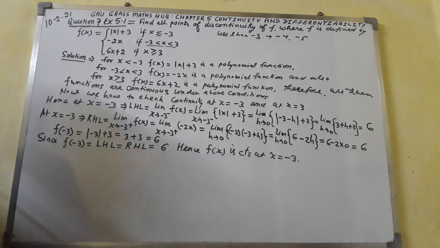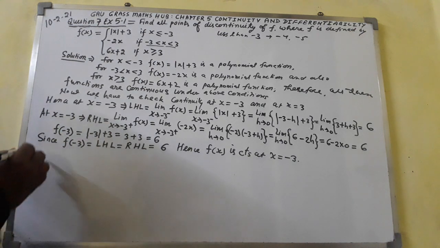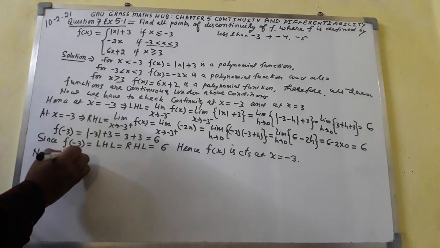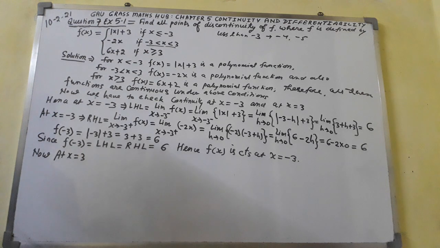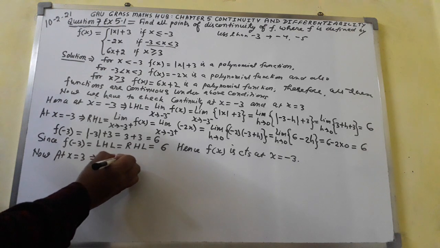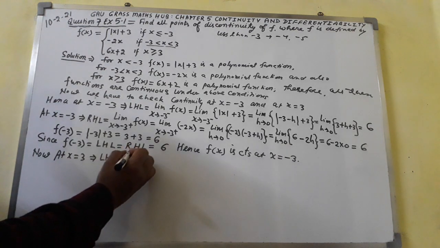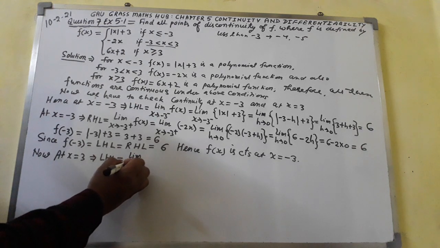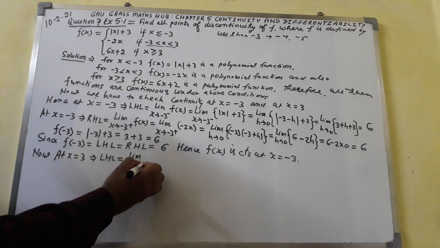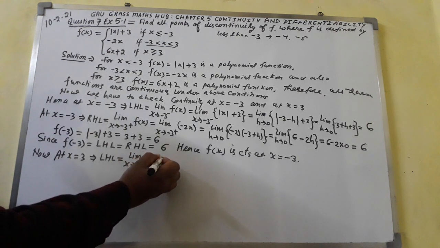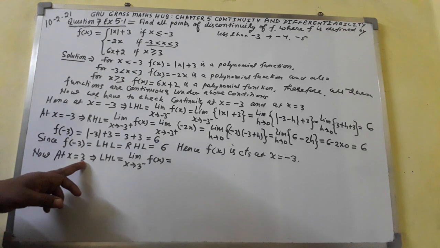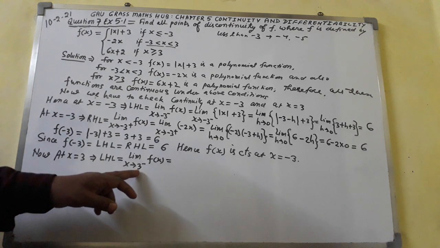So here I shall take, now at x is equal to 3, find the value of left hand limit, the left hand limit as x tends to 3 negative of f of x. x equal to 3, in that sense I have written x tends to 3.